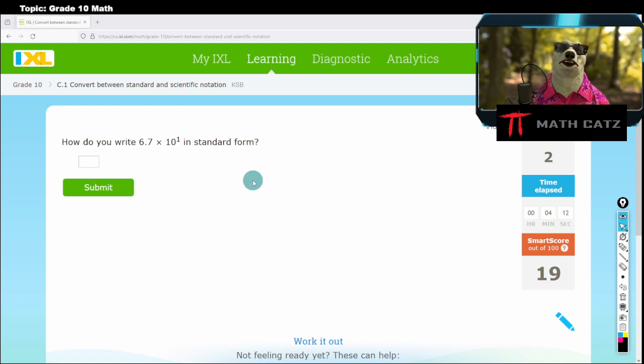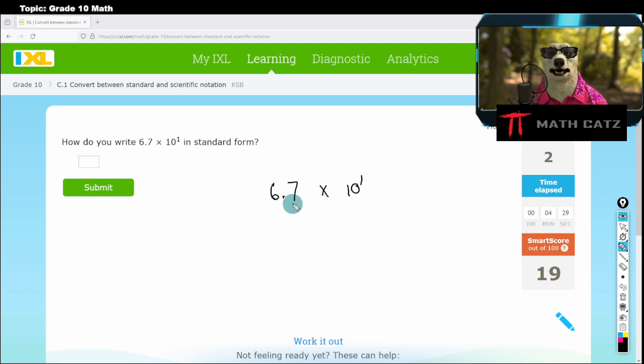Let's do maybe just a couple more, just an introduction to scientific notation. Oopsie, go back to my pen here. 6.7 times 10 to the power of 1.